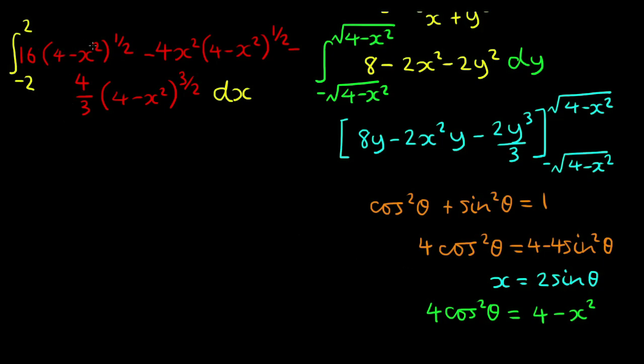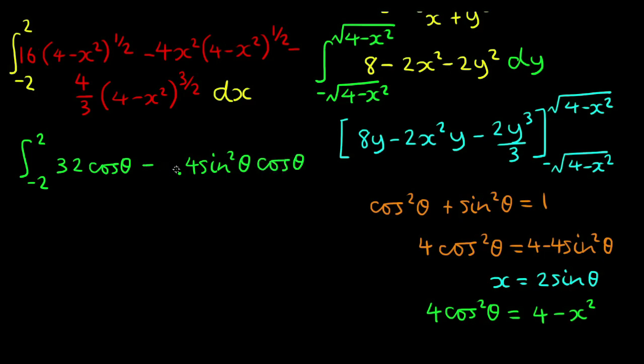And we can substitute for 4 minus x squared and simplify the integral. So 4 cosine squared theta to the half is 2 cosine theta. So that gives 32 cosine theta. And minus 4x squared, where x squared is 4 sine squared theta, multiplied by 4 cosine squared theta to the half, which is 2 cosine theta.